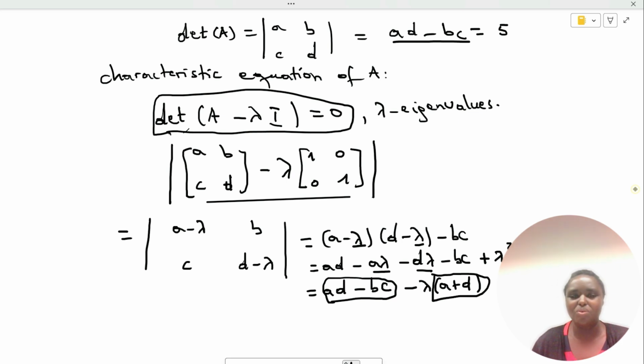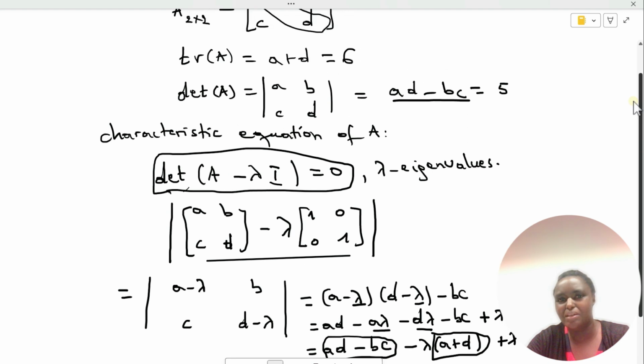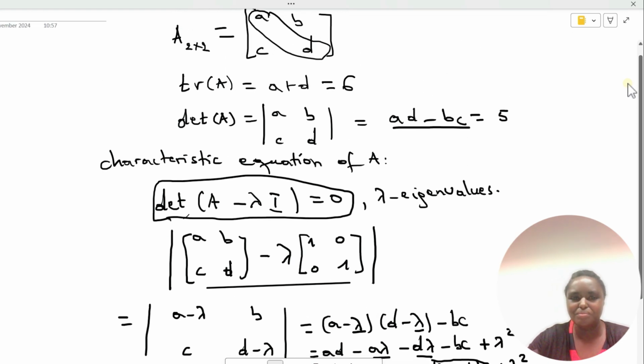AD minus BC is 5, which is the determinant of A. And then minus lambda times A plus D. Do you remember A plus D up here?